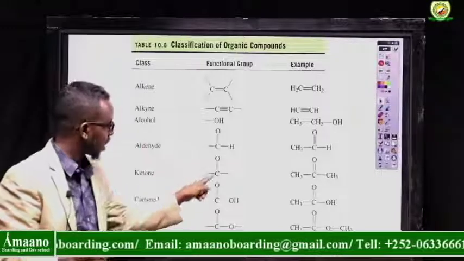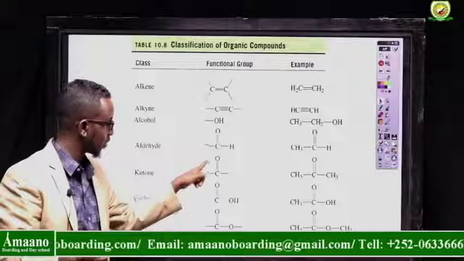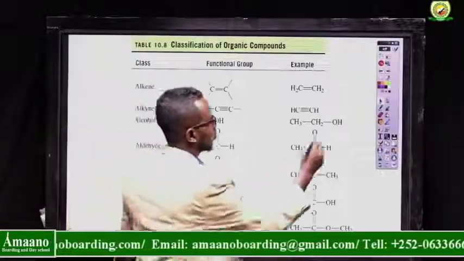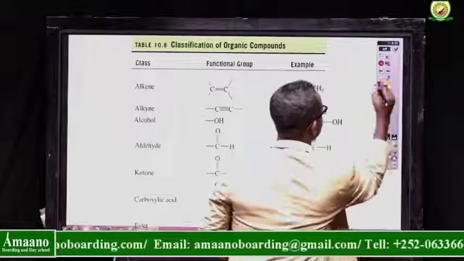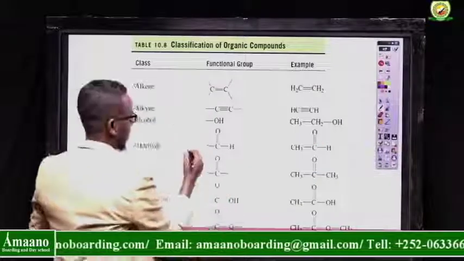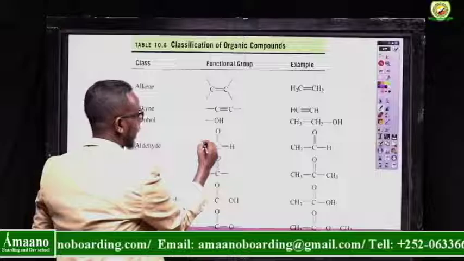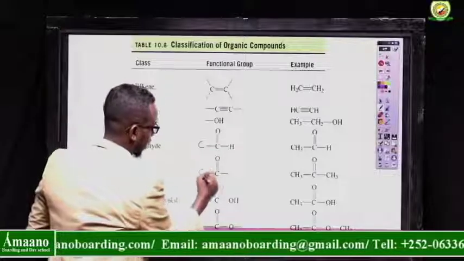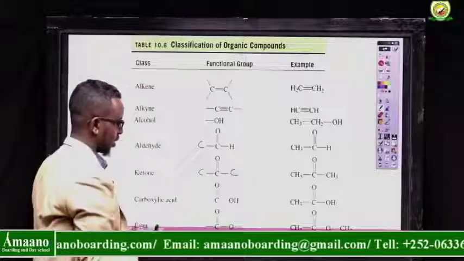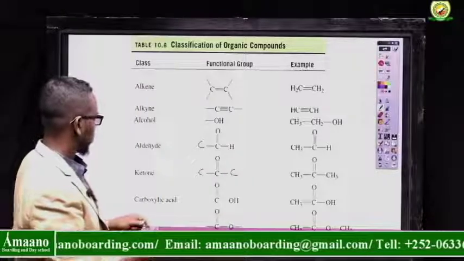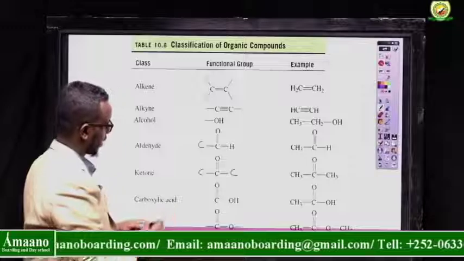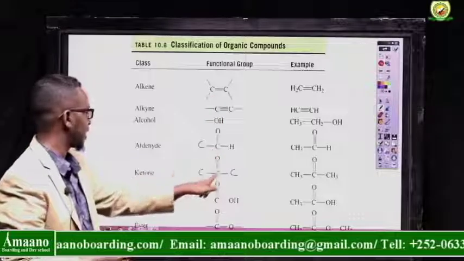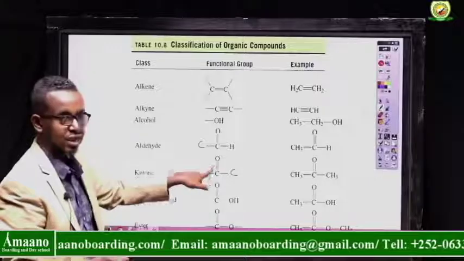Ketones contain a carbon double bond, the carbonyl group. Here is R and here is R. I want to mention that one again. You see this part is R, or you can put carbon here, and carbon here. You see this is alkene, alkyne, alcohols, aldehydes, and ketones, so these are not the same.